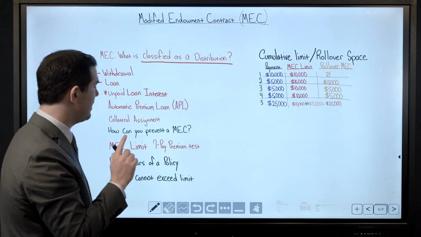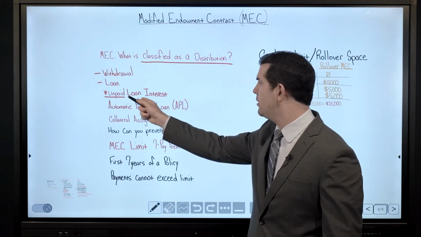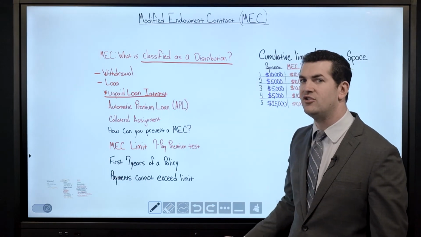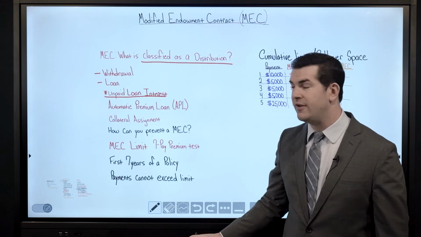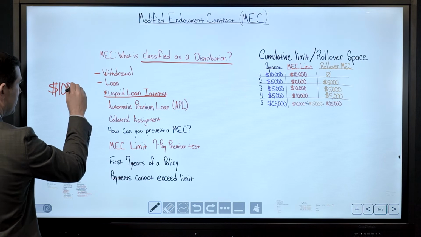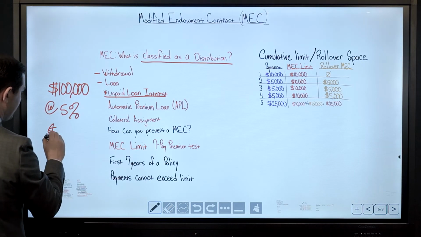Because this is important and it's not often covered. With a modified endowment contract, any unpaid loan interest is going to be taxed as ordinary income each year. So for example, if you have a $100,000 loan at 5%, that will come out to what?